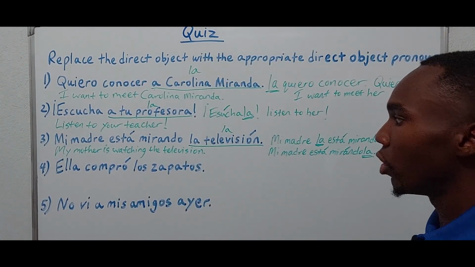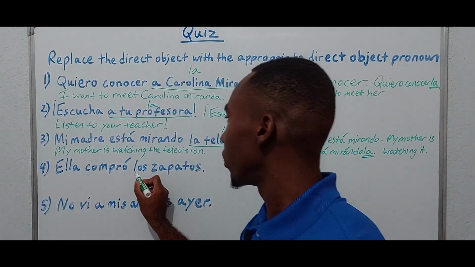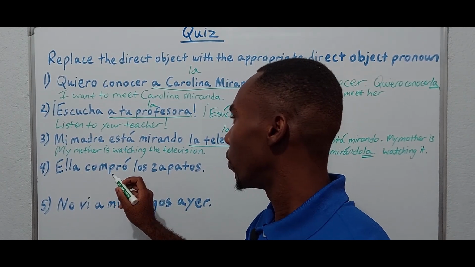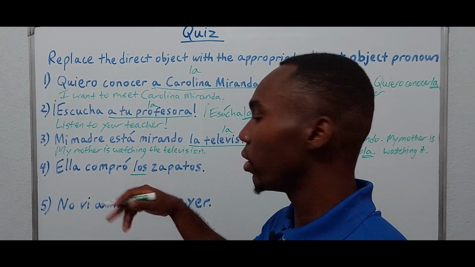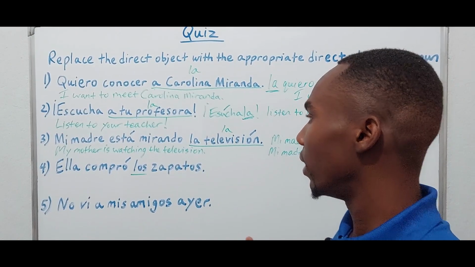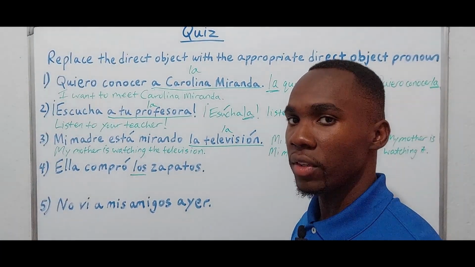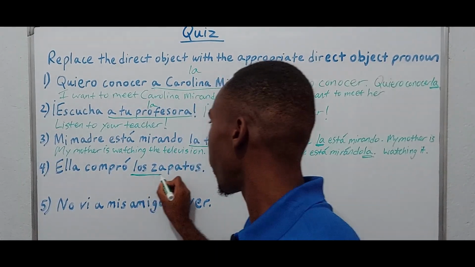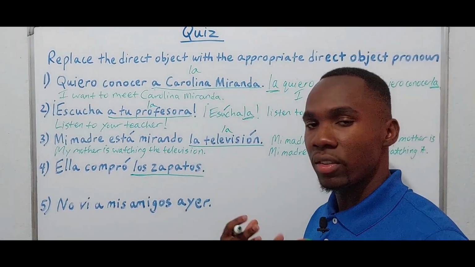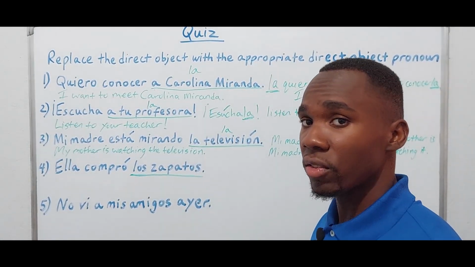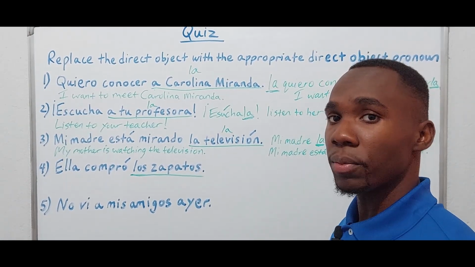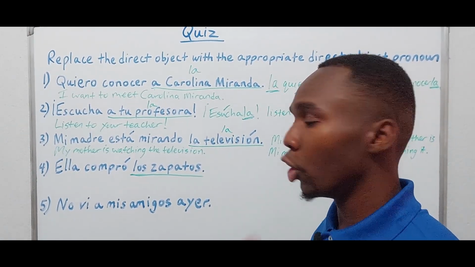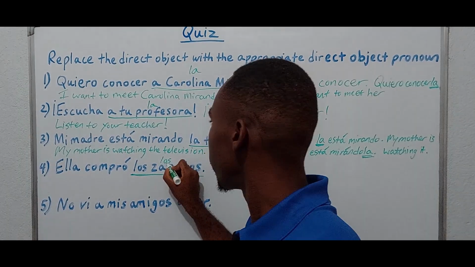Ella compró los zapatos. So this means she bought the shoes, and shoes obviously would be what she bought, so that would be the direct object. Los zapatos is plural and it's masculine, so which direct object pronoun would correspond to that? Los. Right?